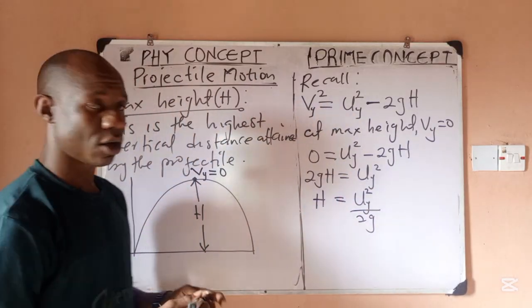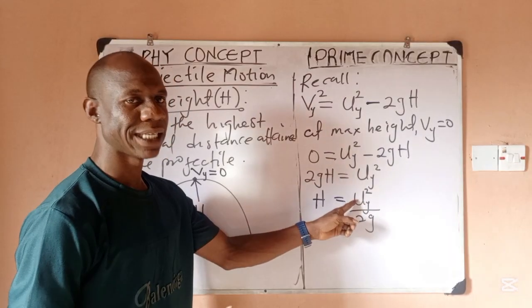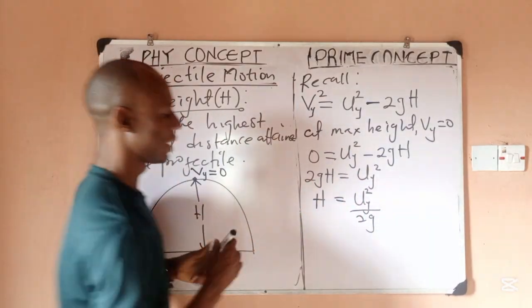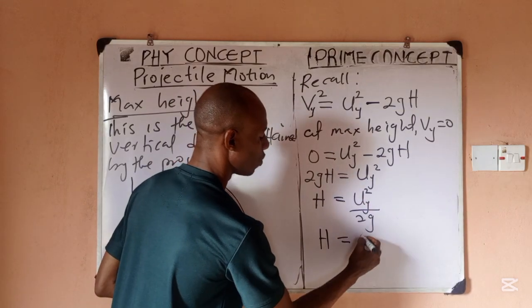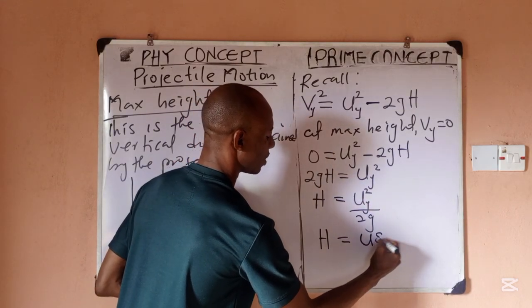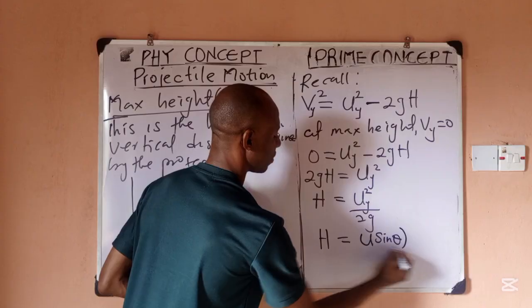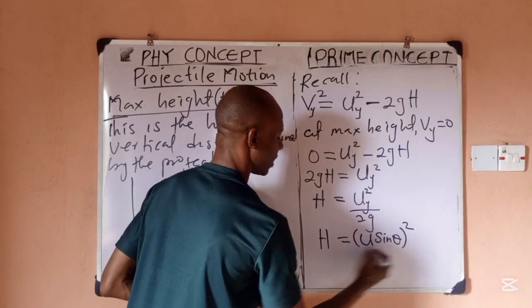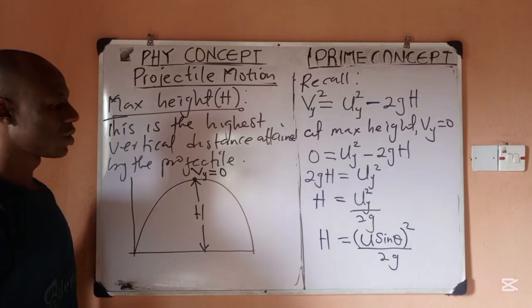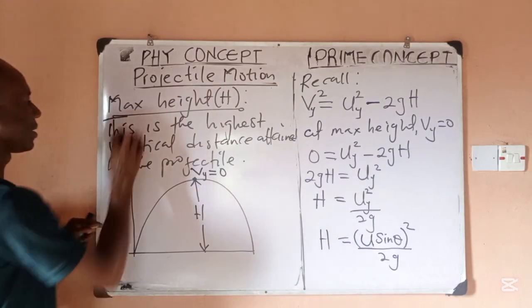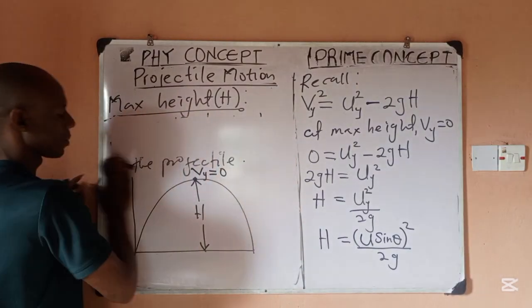Now, if you recall from our introduction, Uy is actually u sin theta. So I'll then have that h is, in place of Uy, I would write u sin theta, all squared, divided by 2g. You can still expand that relation.